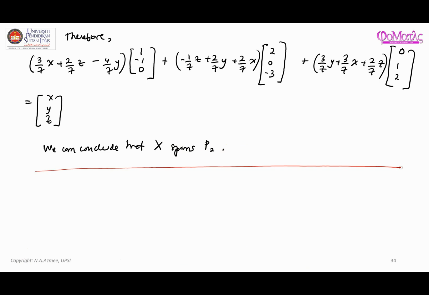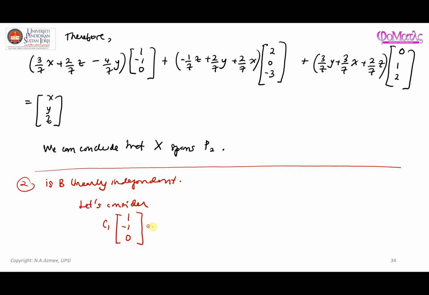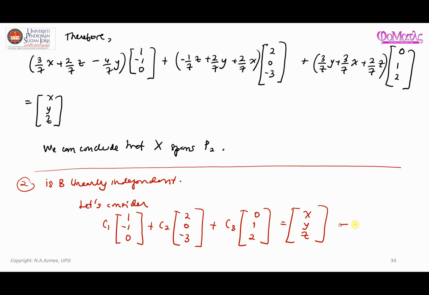Next we need to show that B is linearly independent, and I think if we consider, for example, the situation where we have C1 times 1, negative 1, 0 plus C2 times 2, 0, negative 3 plus C3 times 0, 1, 2, where this is equal to x, y, z, and I'm going to call this equation 1.